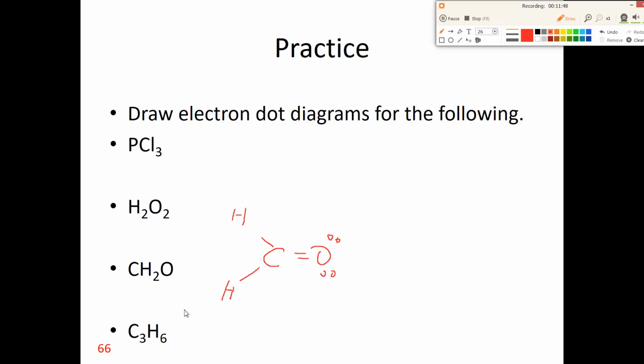Right. So last one has 2 possibilities. This is one possibility. Another is all carbon is central.